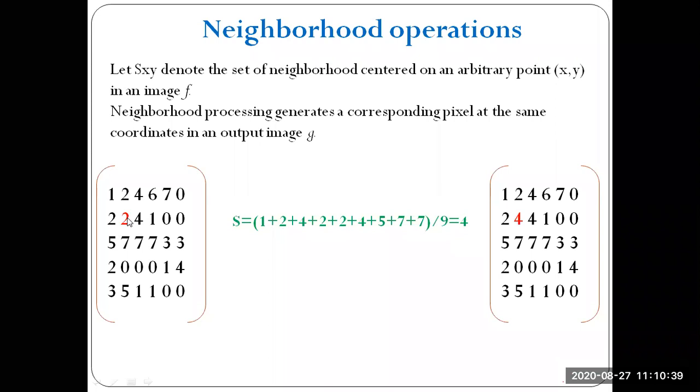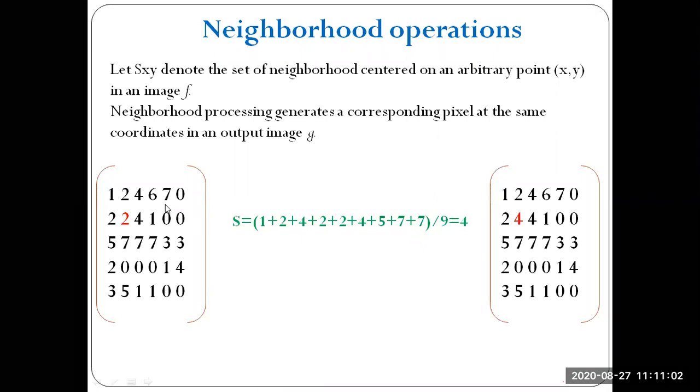Whatever mask you consider, there is a center pixel. That center pixel value is replaced with the new neighborhood operation pixel value. Here my 4, the center pixel value, is replaced with 2. So this is the process. If you want to change another pixel value, just shift the mask to the next position.